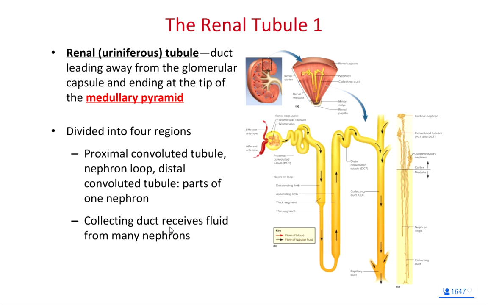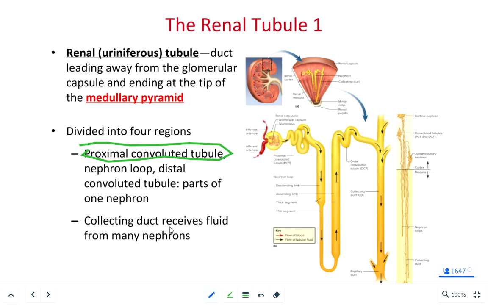The proximal convoluted tubule is going to be the one that's closest to the renal corpuscle. Let's think of the term proximal. Proximal means close to the point of attachment. Convoluted used to be a term that most people knew off the top of their heads 50 or 60 years ago. I find that most young people today don't use the word convoluted in everyday speech.